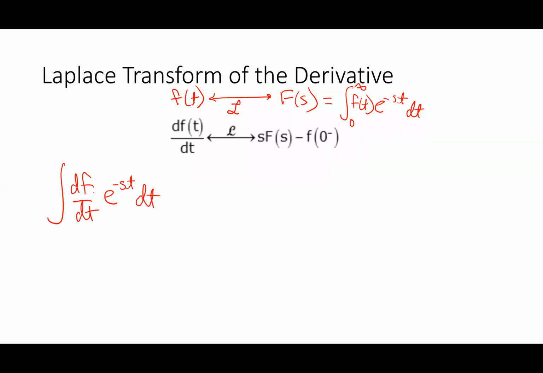This would be how I do the Laplace transform of the derivative. You guys agree with me? Yep. Plug that in. How would I have to solve for that thing? I don't want to do it, but how would I have to do it?